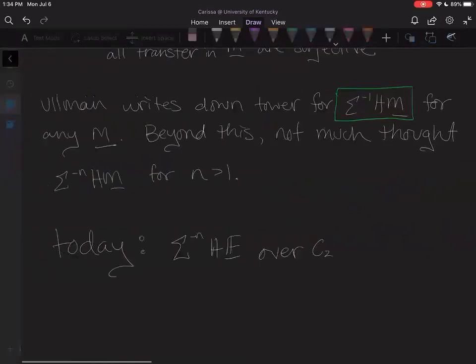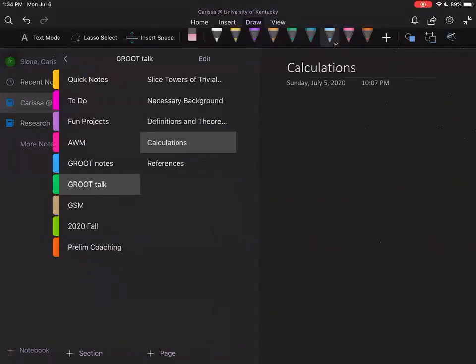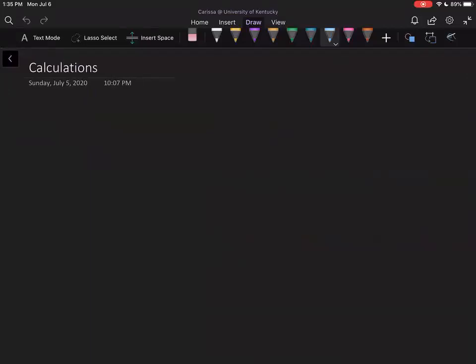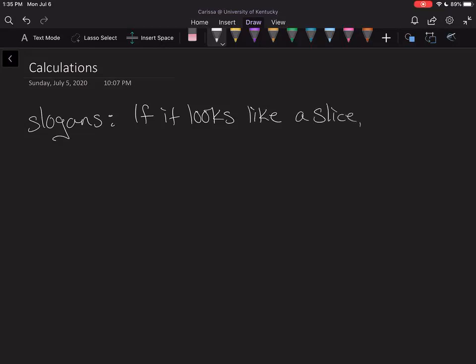All right, so as was just foreshadowed, we're going to write down the towers. So we have some calculations. Before we start writing things down, I have a couple slogans for you. If it looks like a slice, it is a slice. And if it looks like the tower, it is the tower.